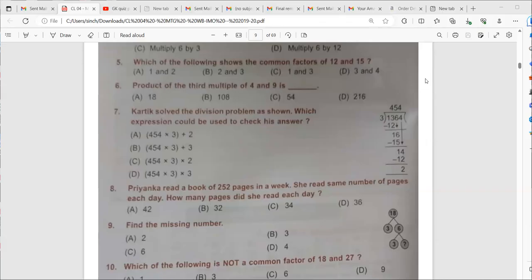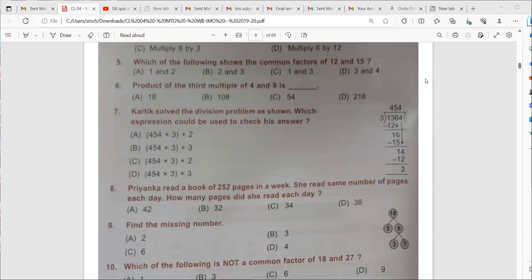Tuhin, have you understood number 6 better? Yes, ma'am. Very good. Do it. Ma'am, my 7 and 8 are correct.